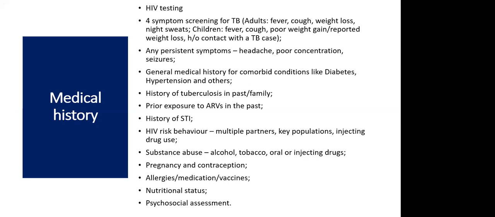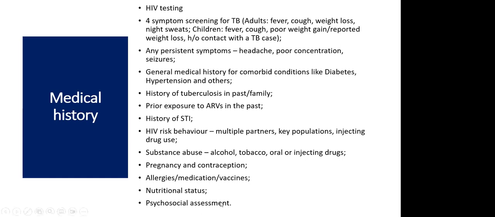And also we should try to ascertain the history of substance abuse, not only alcohol, tobacco, etc., but also of oral and injection drug use in particular, since in certain areas the epidemic is still going through injection drug use, through sharing of injections and other injection paraphernalia, as well as sexual contact of these individuals. Pregnancy and contraception issues need to be discussed and all documented.